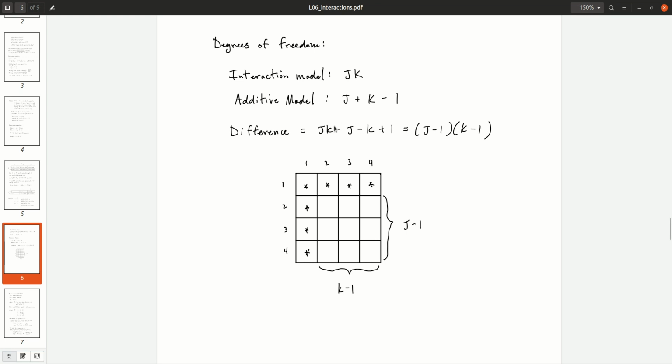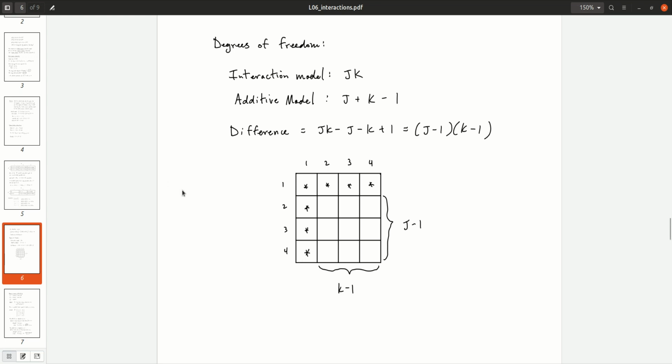And the thing to help you remember this is that if you have all the information from the first row and the first column, that allows you to fill out the rest of the table. And if you just count up the number of cells in the first row and the first column, it's j plus k minus 1.